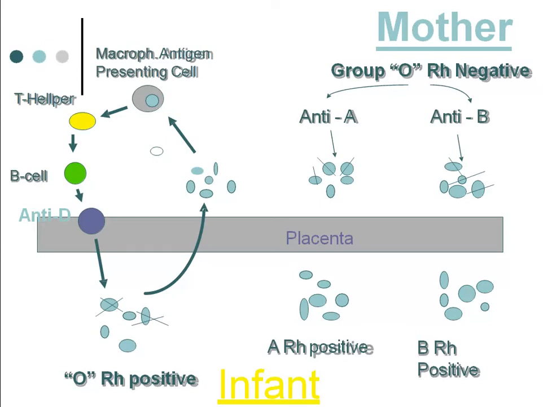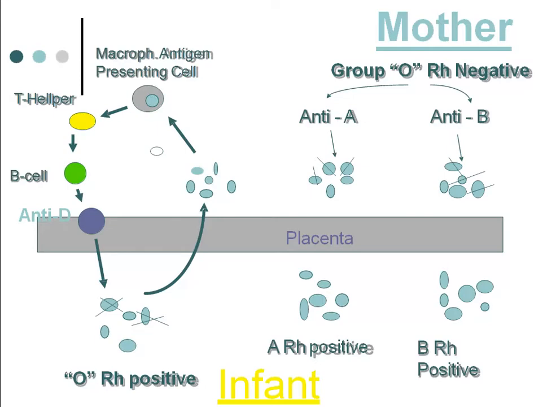Let me show you a diagram here. Suppose this mother is O negative, she will have antibodies, anti-A antibodies, in her.